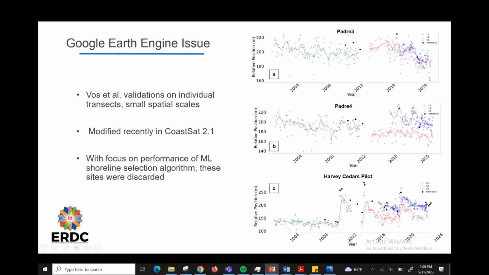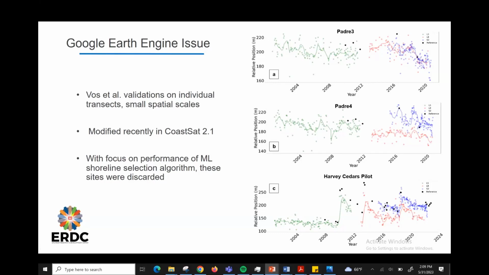The top one, you can see that these missions align quite well, and our reference shorelines are in the black. However, if you look at these bottom two panels, we started to notice randomly these large offsets between missions, which was a pretty big problem.